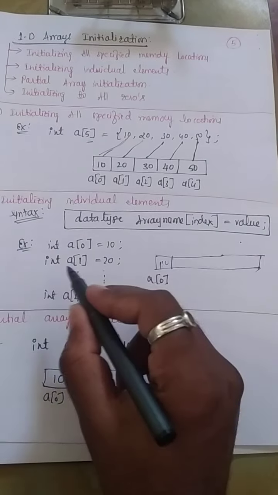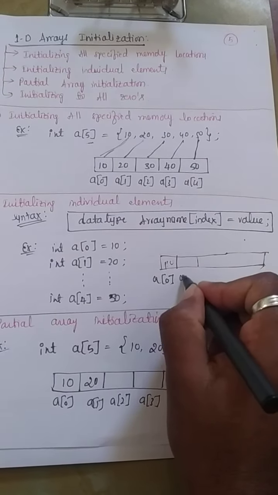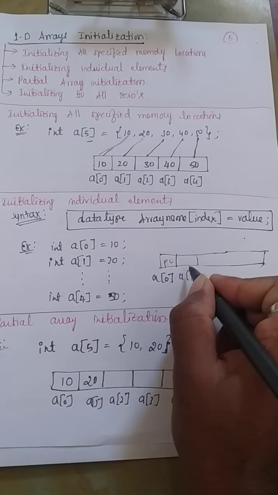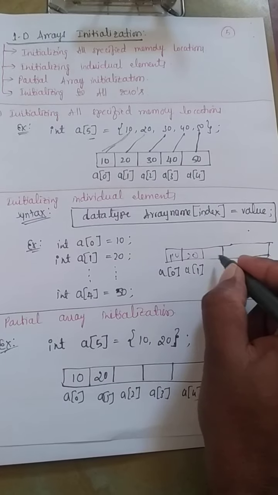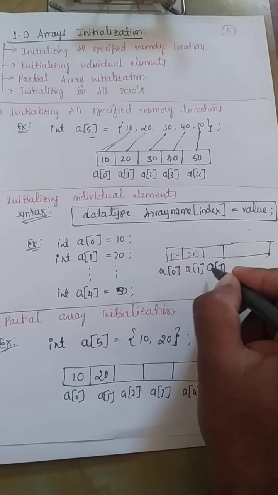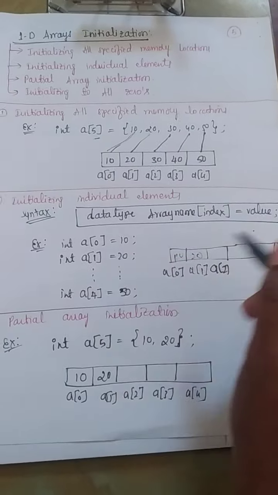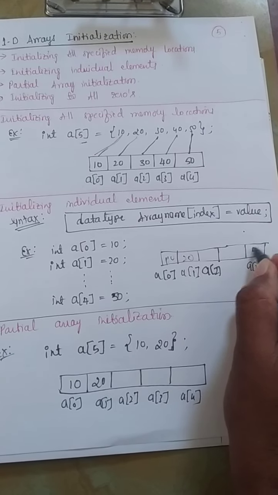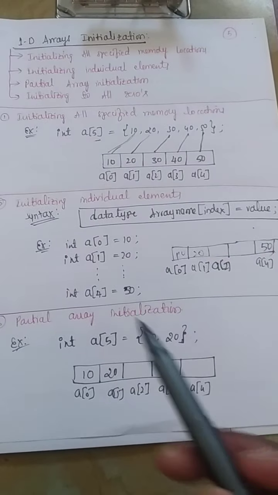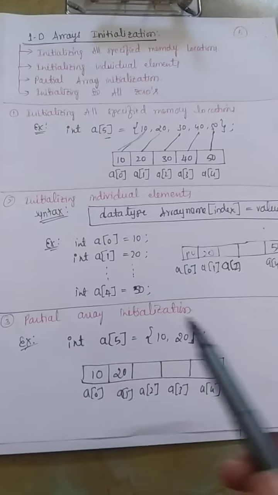Next we are having a[1], index 1, initialized by 20. Next a[2] initialized by some value, like that. a[4], the last element, initialized by 50. Got it? This is individually assigning.